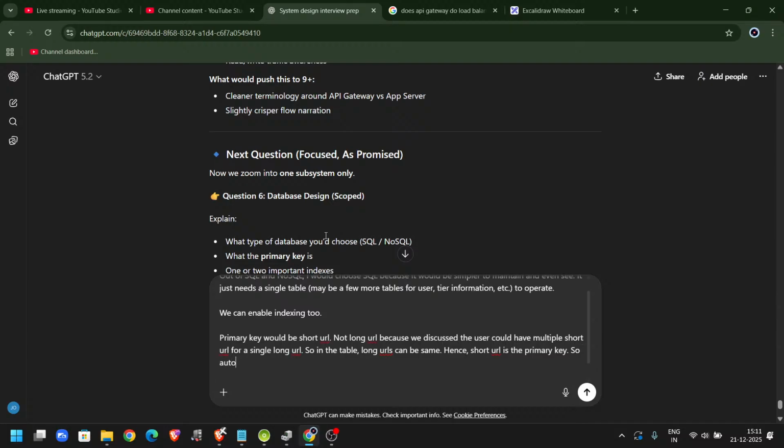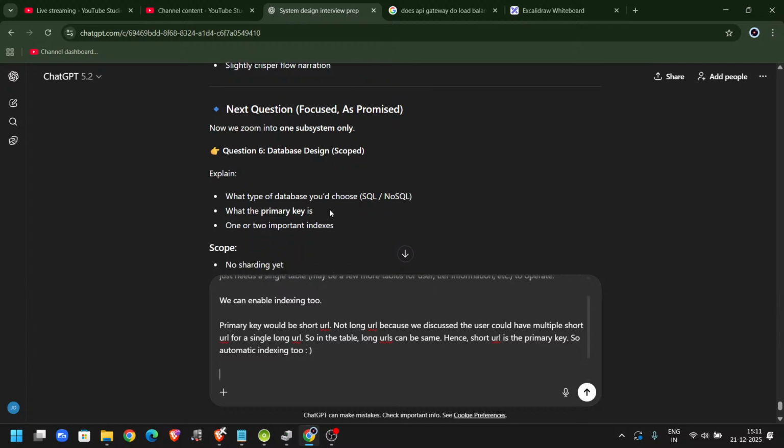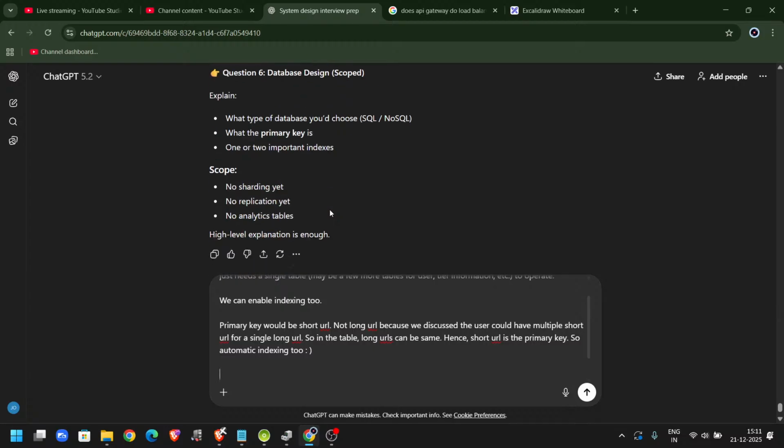So automatic indexing too. Okay, and one or two important indexes. Indexing would first be on short URL, which would be there by default, since it is the primary key.